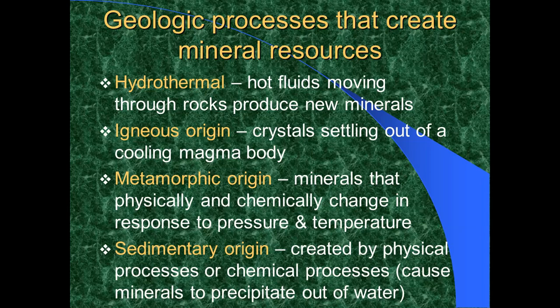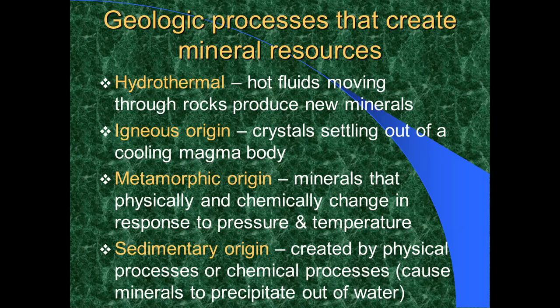These are minerals that physically and chemically change in response to jacking up pressure and temperature. And then sedimentary origin, we're going to talk about the 2 types here in a couple minutes, our evaporite and our placer deposits. These are either created by physical processes or created by chemical processes.